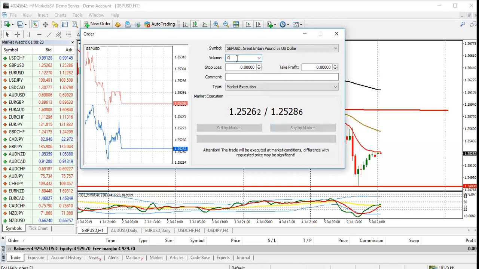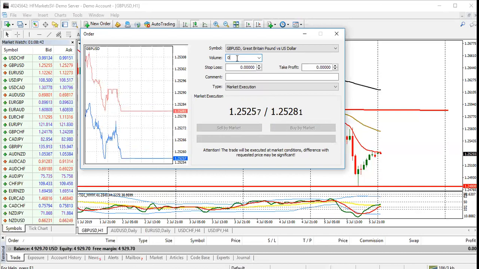But of course, if you're doing standard lot size, you're doing 1.0, or you can do 2.0, all the way to 5.0. Don't do 50.0, 5.0 and so on. But if you want to stick to micro lot sizes, then you're thinking of 0.01 or 0.05 and the like.